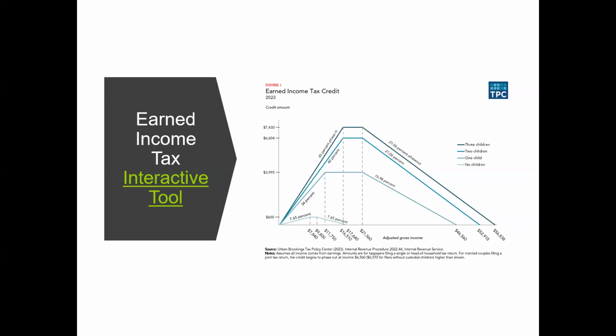This has been shown to pull people out of poverty. Studies have overwhelmingly shown that this is used to help augment people's living expenses, their food expenses, housing, and to help them get transportation for their jobs. And it's a relatively popular tax credit for both Democrats and Republicans.